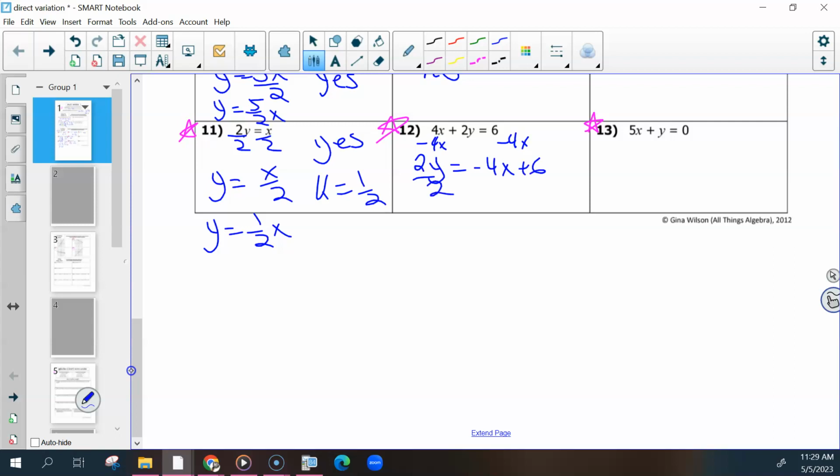And divide everything by 2. Would this one be direct? No, because of that y-intercept, it's not 0. Really, any equation in this format that doesn't have a 0 is not going to be direct. Okay. Do we have any questions on how to determine from the equation?